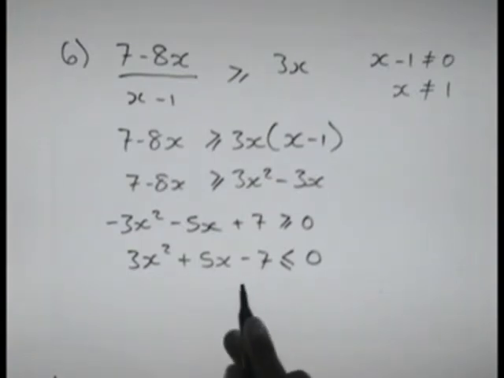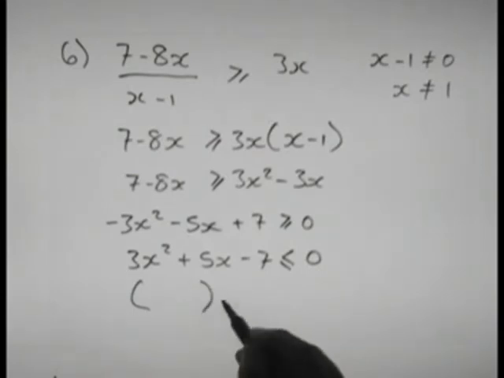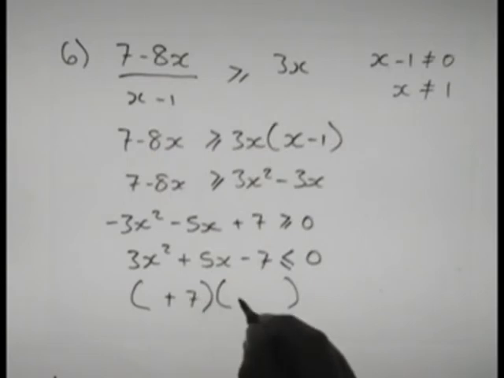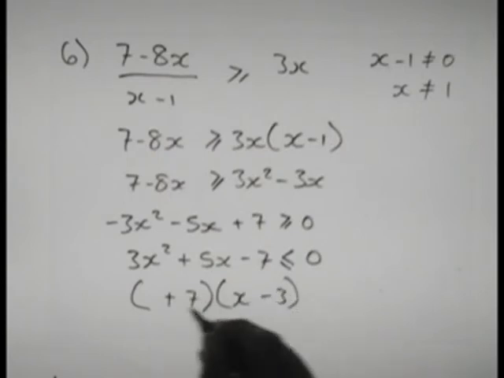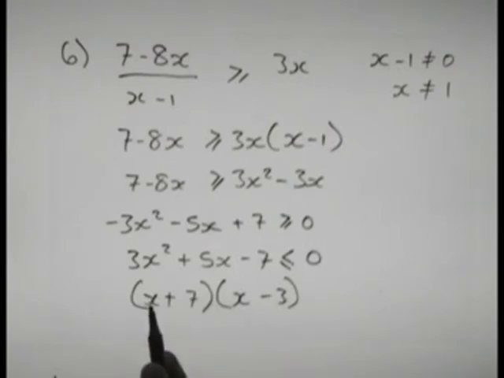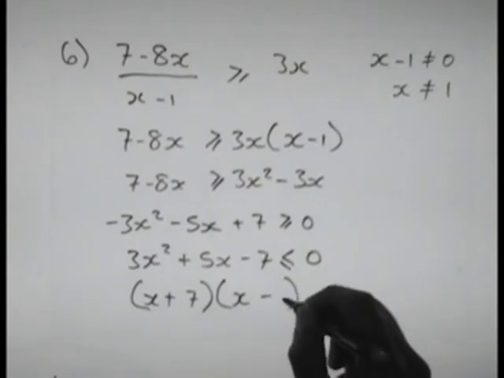Factors of 7 multiplied by 3 is 21. Factors of 21 that give us 5 are going to be 7 and 3. Remember, plus 7x minus 3x is going to give us plus 5x. Sorry, that 3 is not over there; that's actually a 1.